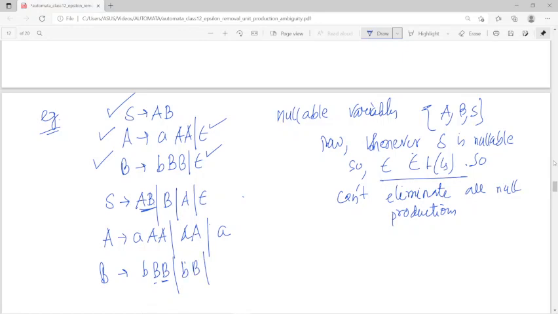Now if we place two epsilons, then we will get B. So you cannot eliminate all the epsilon, as you can see from there, but at least you are removing the epsilon from A and B, and the corresponding grammar is like that.